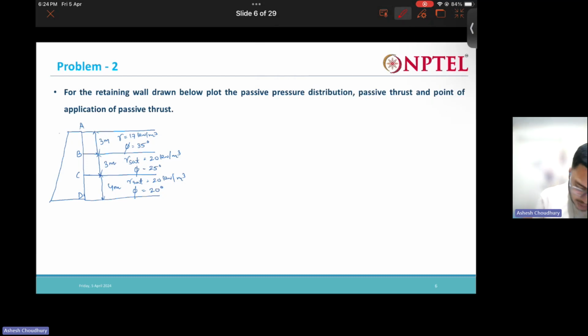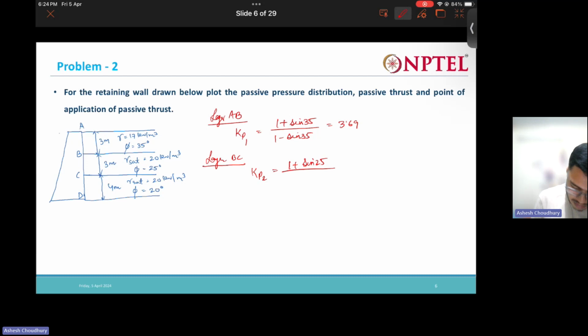Okay, so layer AB, 2.46, and the last layer.